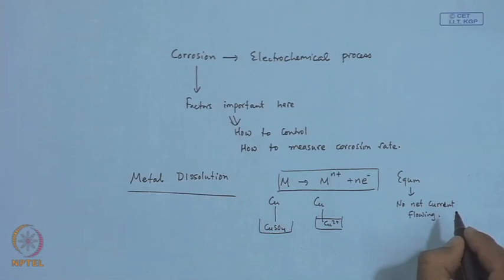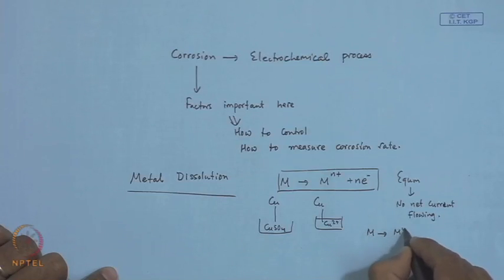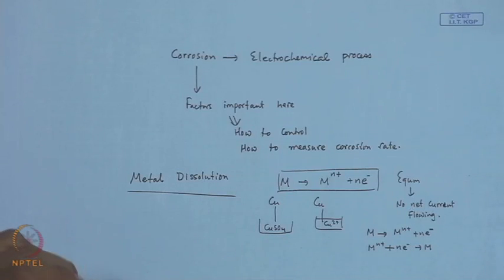So, in one case the reaction is M to M n plus plus n e minus, and the reverse process is M n plus plus n e minus giving rise to M. So, there is no net current.